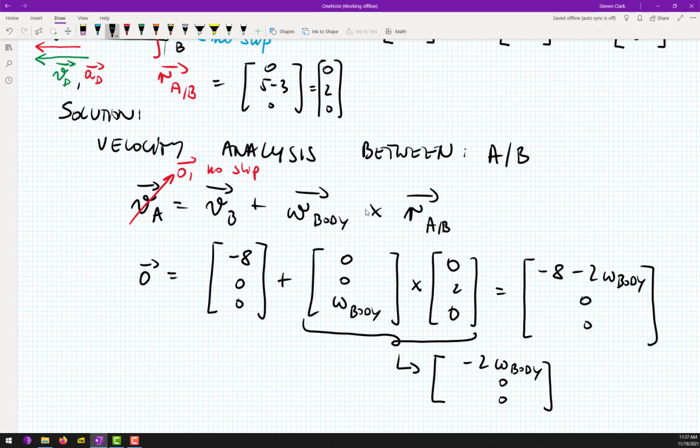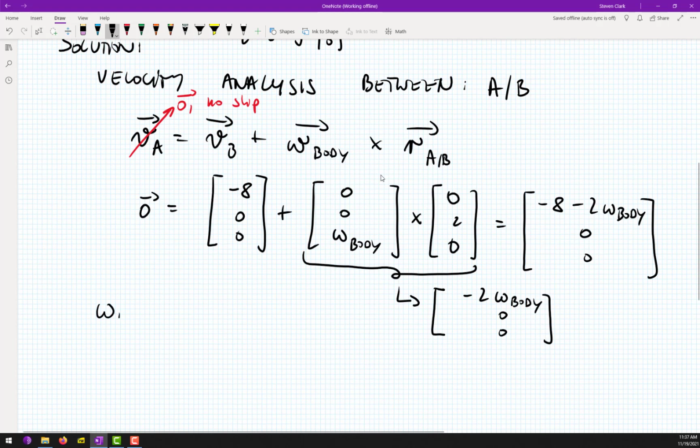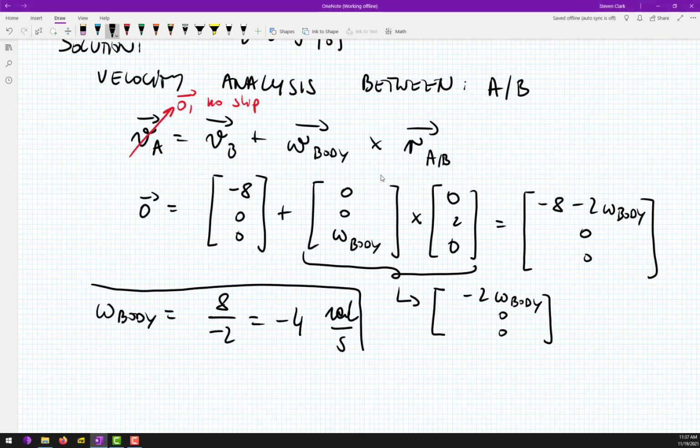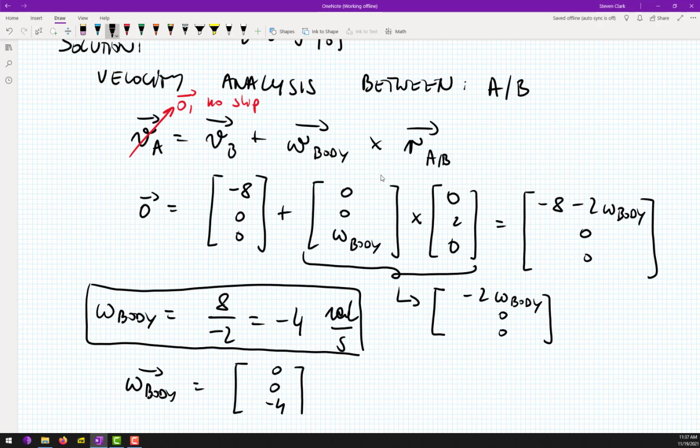So our omega body is equal to 8 divided by -2. This is -4 radians per second. Great. And vector-wise will be 0, 0, -4 radians per second clockwise.